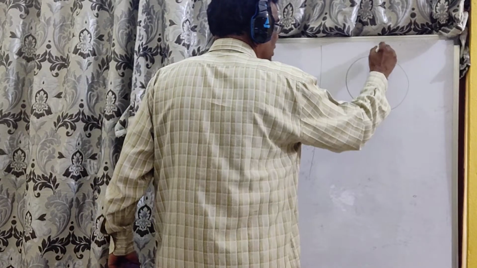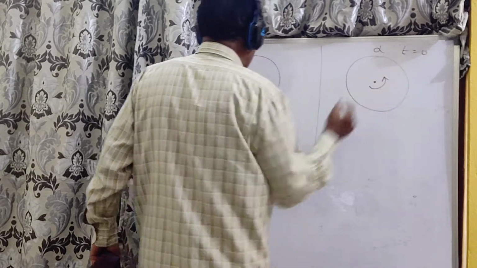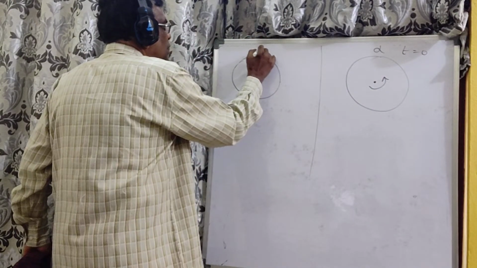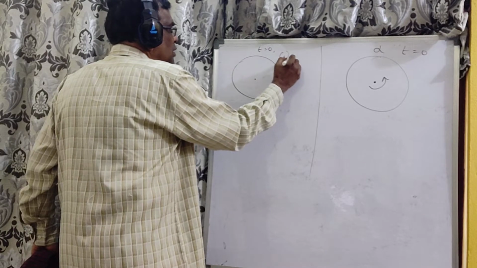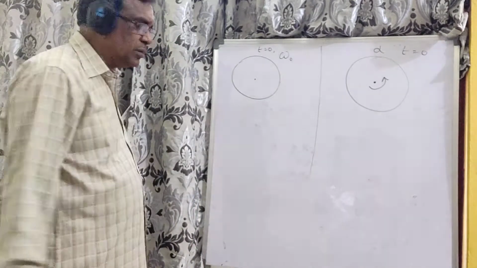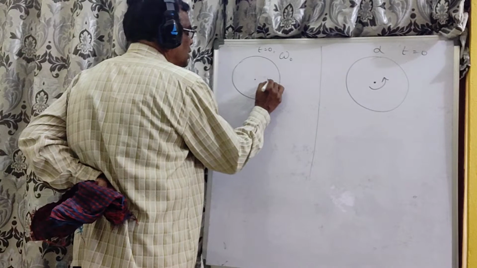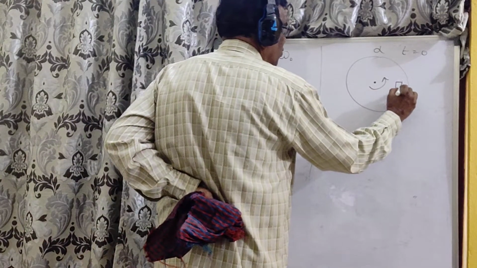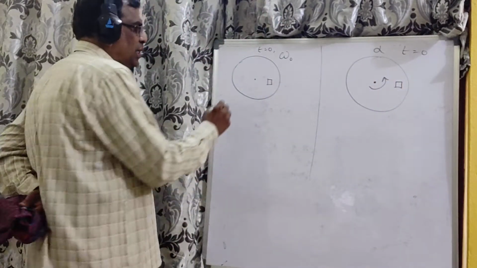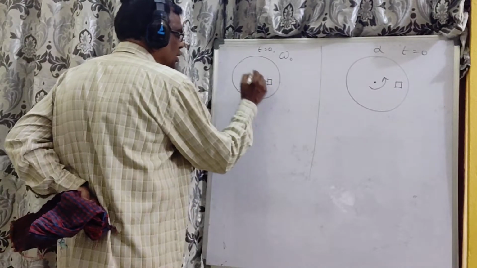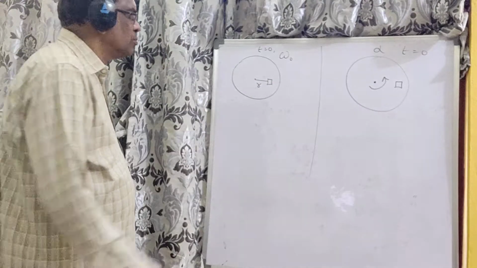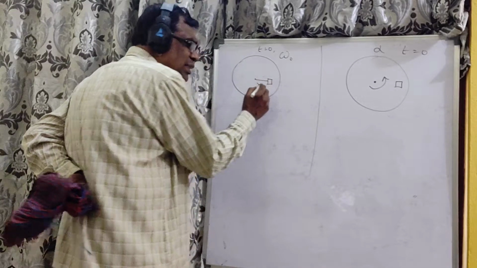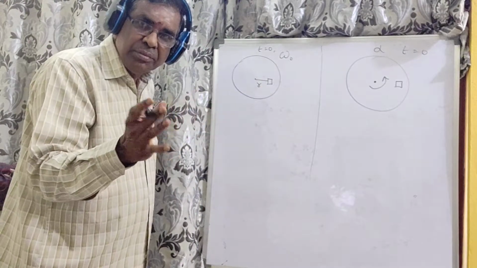This is subjected to alpha at t equal to 0. This, at t equal to 0, is subjected to omega naught. I have placed a body here, two different cases, a body there, at a distance r, and it's just about to slip.